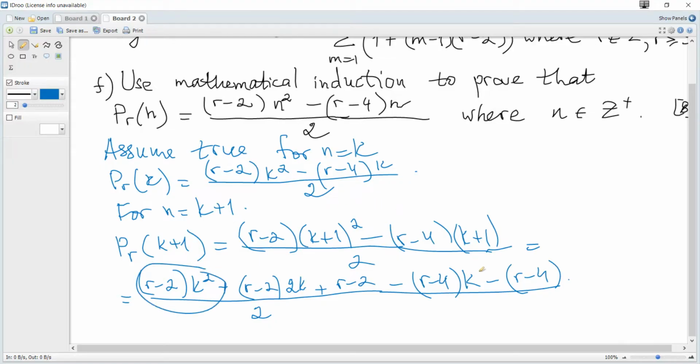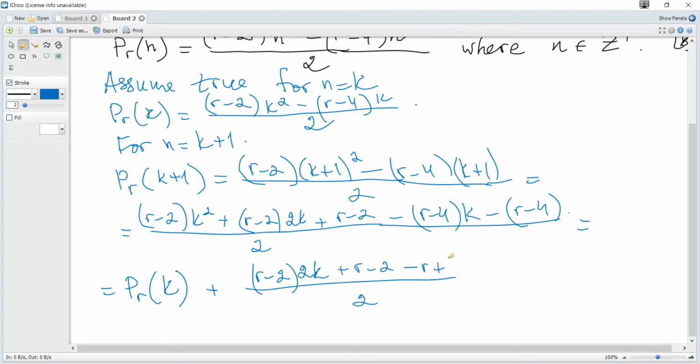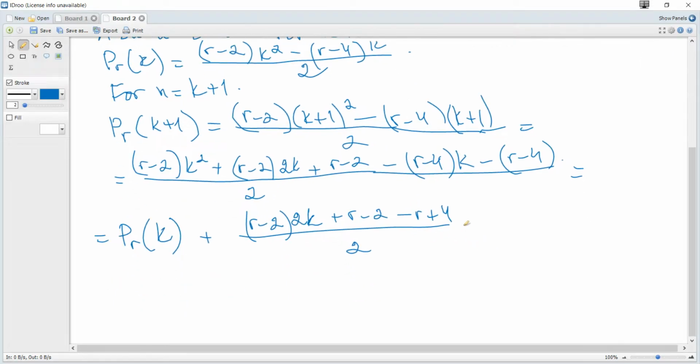And we can see that this together with this is Pr of k, so it becomes Pr of k plus, over 2, (r minus 2) times 2k plus r minus 2 minus r plus 4, and let's simplify it.